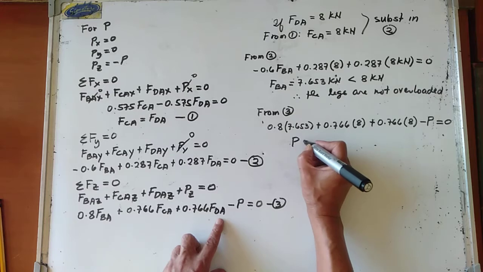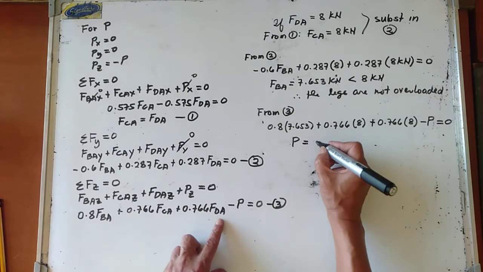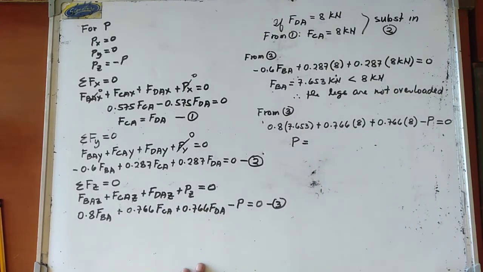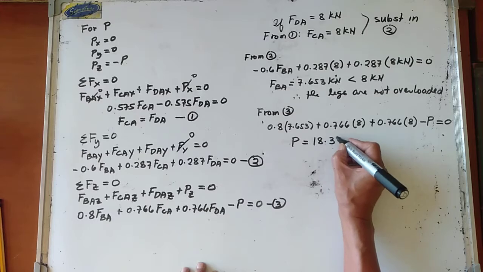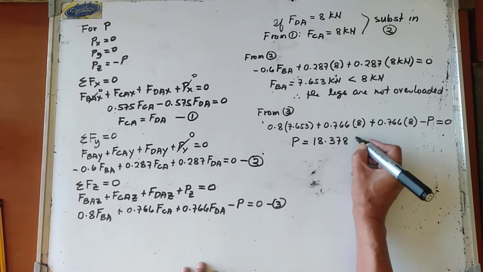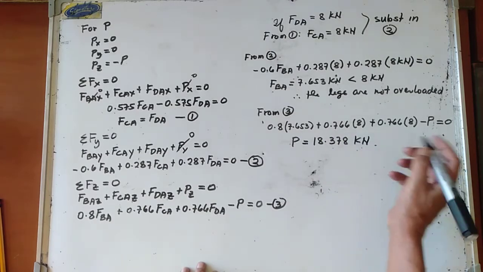Hence, the value of P is equal to 18.378 kilonewtons.